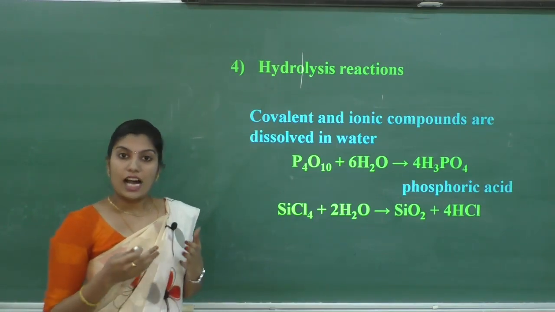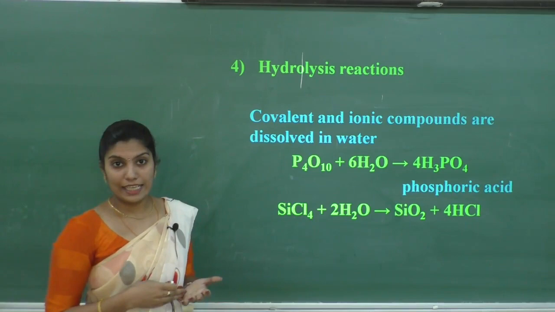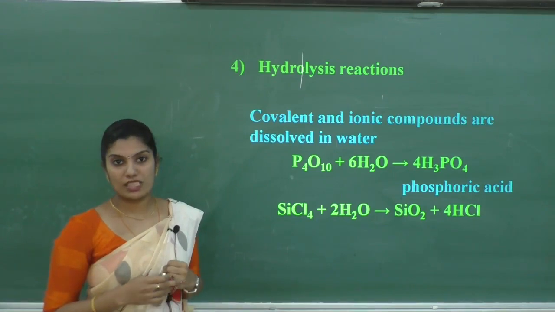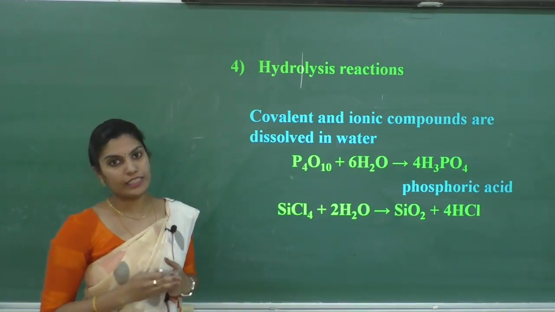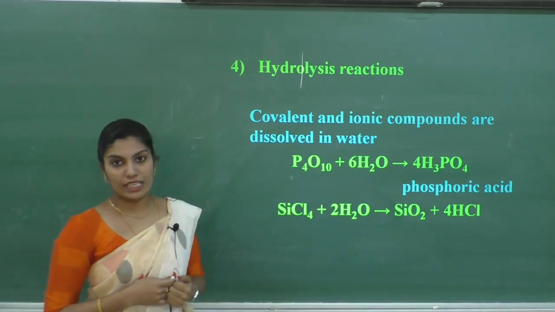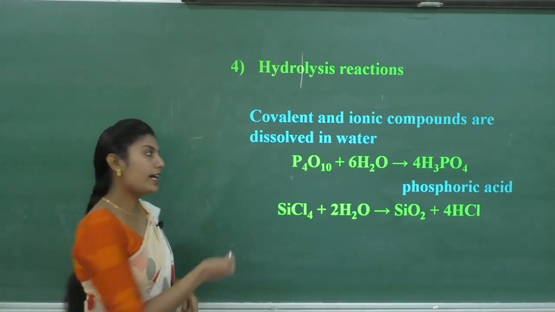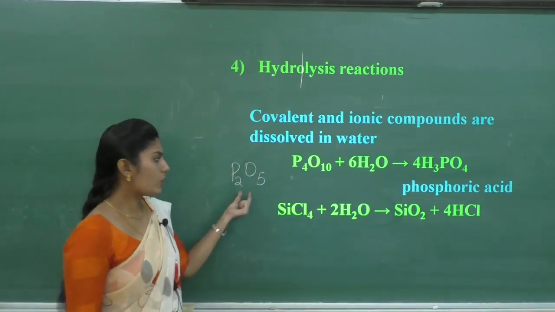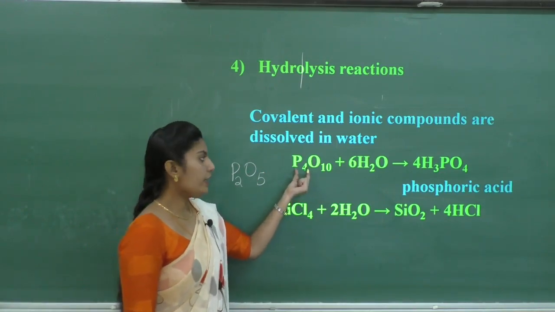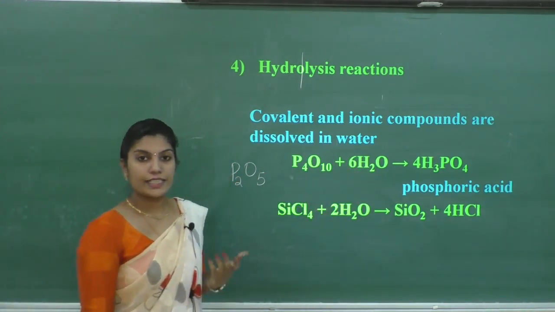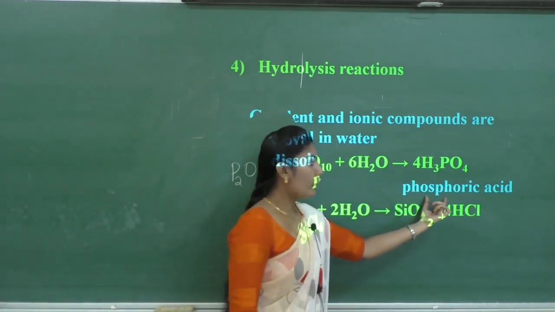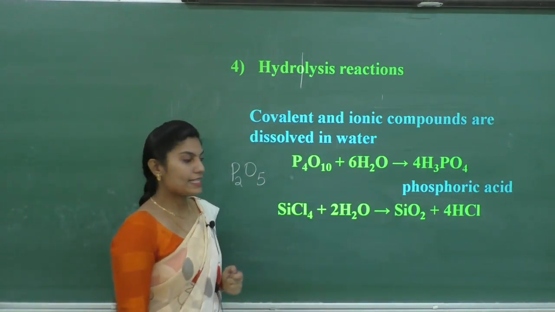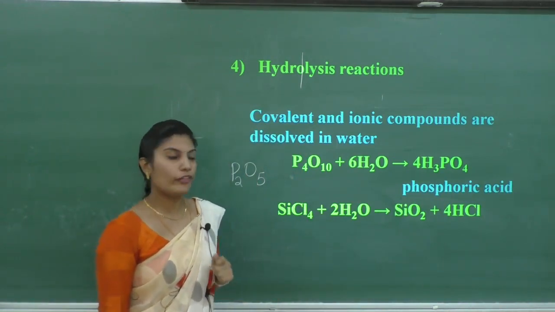You all know that water has a high dielectric constant. Therefore, it can dissolve many compounds, like ionic compounds and covalent compounds. For example, phosphorus pentoxide P2O5, whose dimer is P4O10, when dissolved in water forms an acid like phosphoric acid, H3PO4.